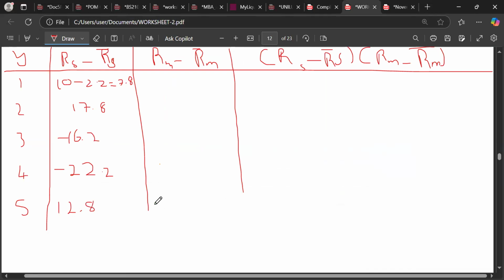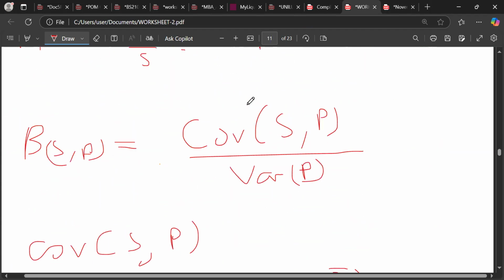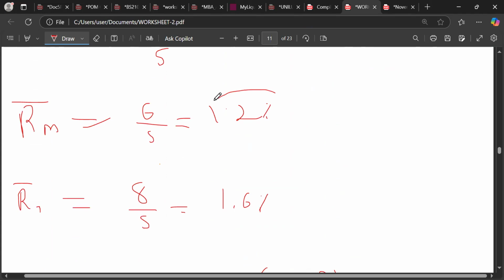So having found this, we then proceed to finding the difference between the returns of the market proxy and the market proxy average return. The market proxy average return was found as 1.2. So I'm going to find it based on 1.2.